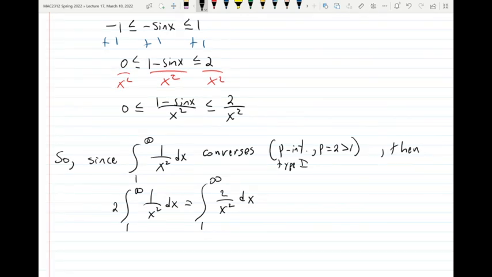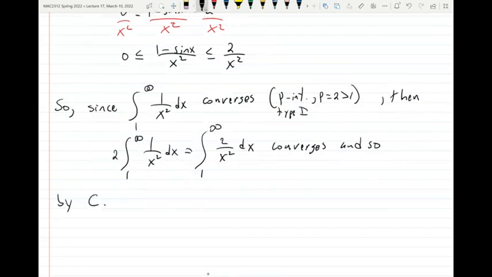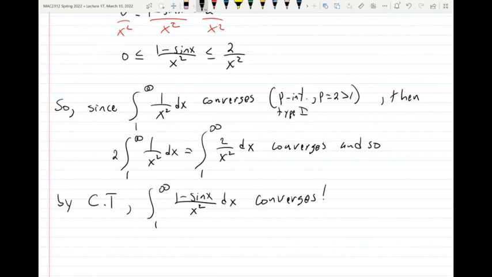So because the integral of 1 over x squared converges, then the integral of 2 over x squared converges. And so, by the comparison test, the integral from 1 to infinity of (1 minus sine) over x squared converges.